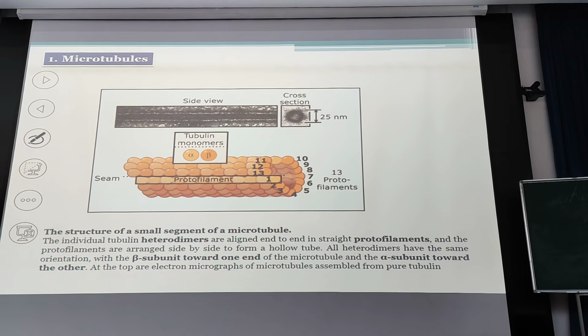Structure of the microtubule. This is one subunit of tubulin, a second subunit, a third, a fourth, and together they form a structure we call the protofilament.